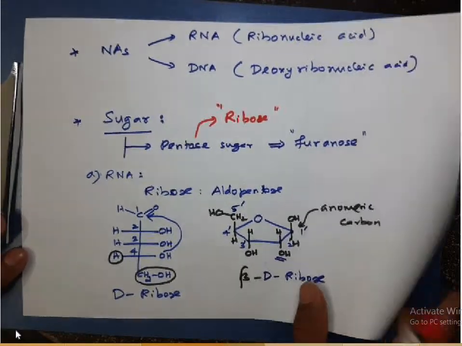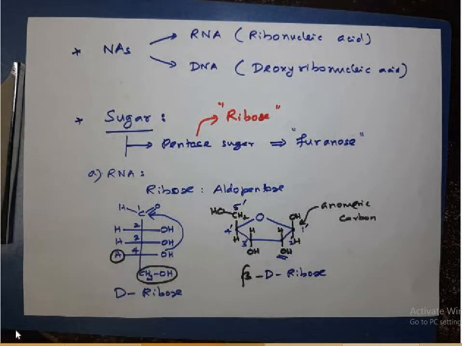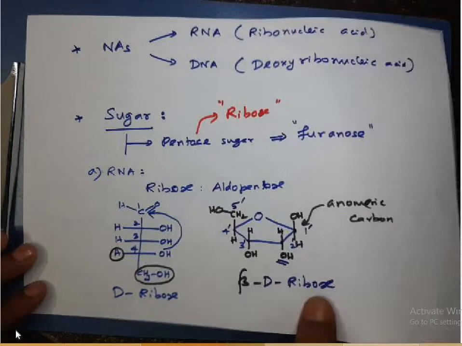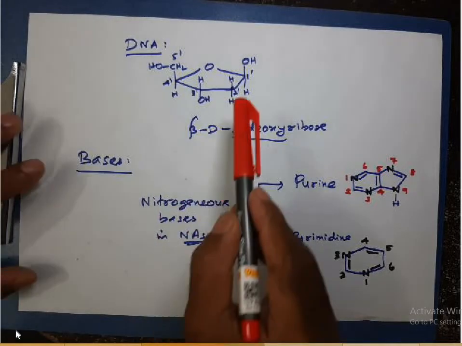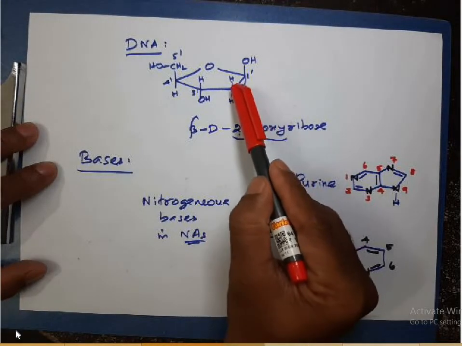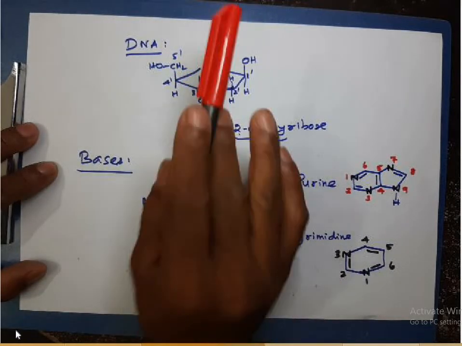What about DNA? What is the difference between the sugar present in RNA and the sugar present in DNA? Listen, in DNA also we have the same sugar with a small difference. I kept the ribose structure as such.